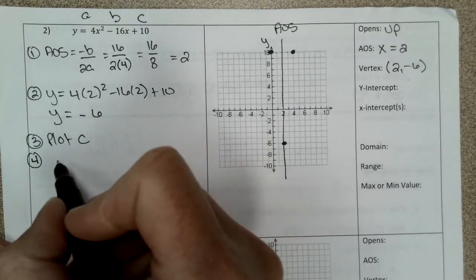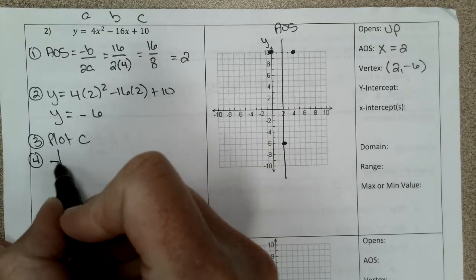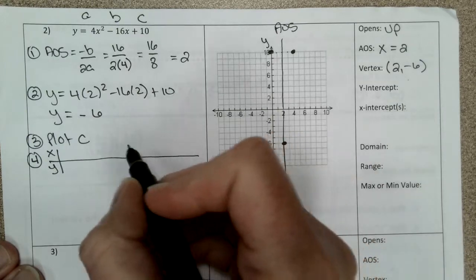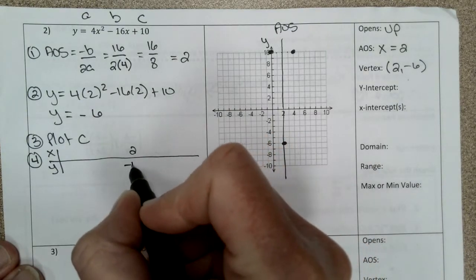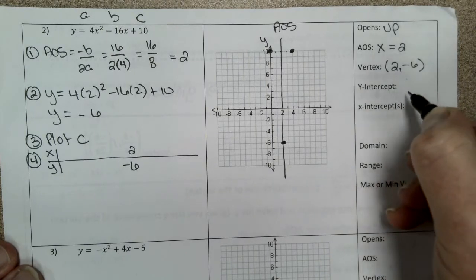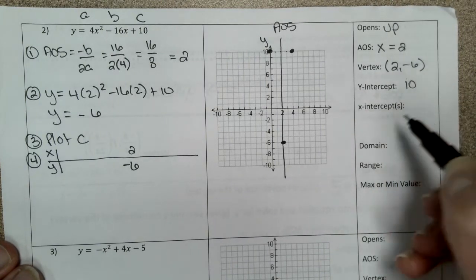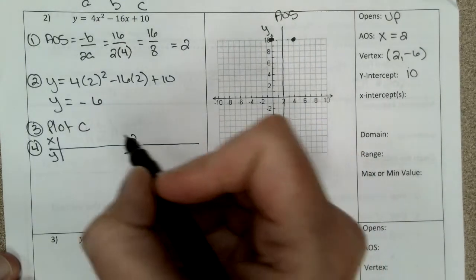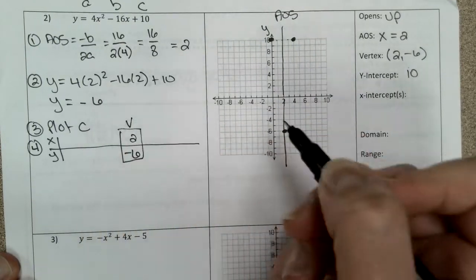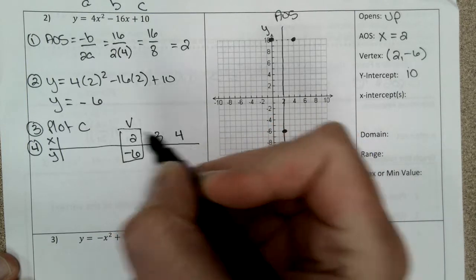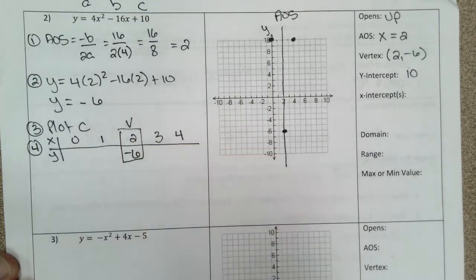Step 4. Let's see if we can make a table of values and find my x-intercept. My y-intercept, I can answer that question at 10. So there's my vertex. Go bigger, bigger, smaller, smaller.